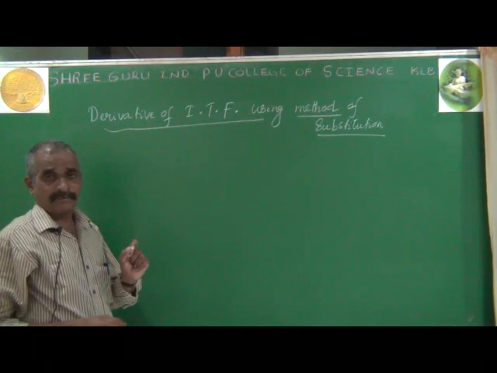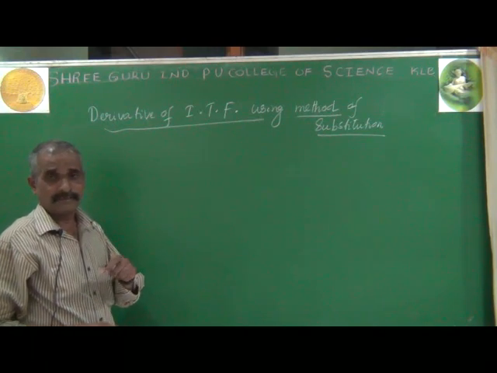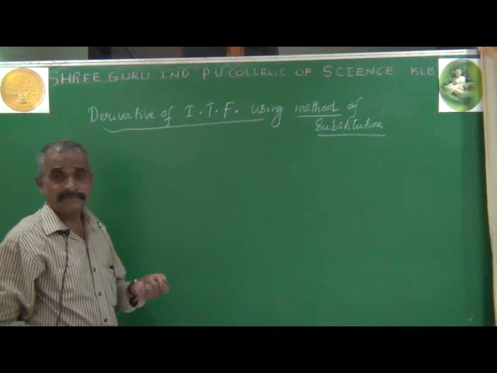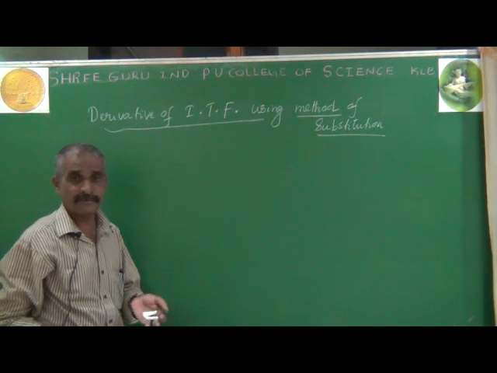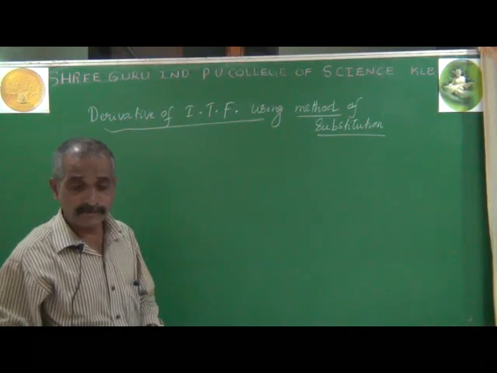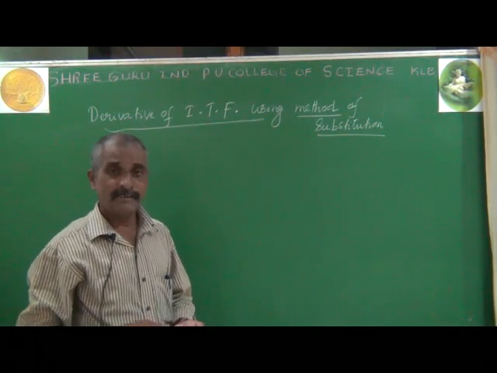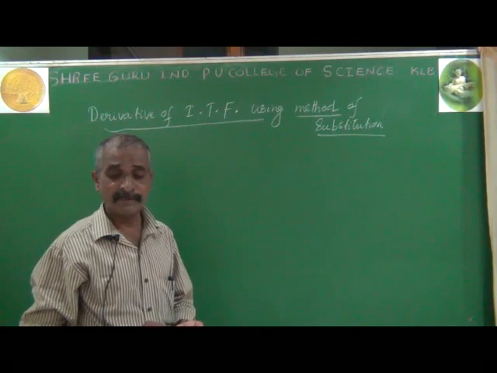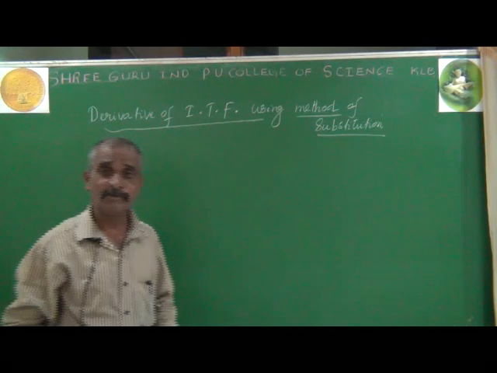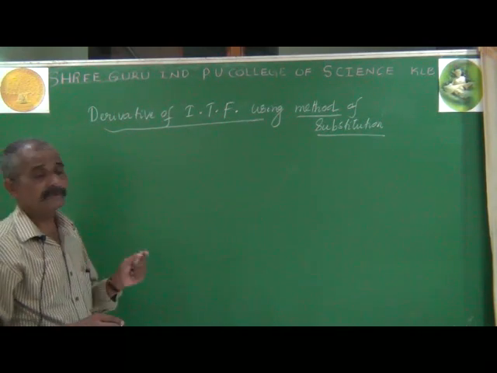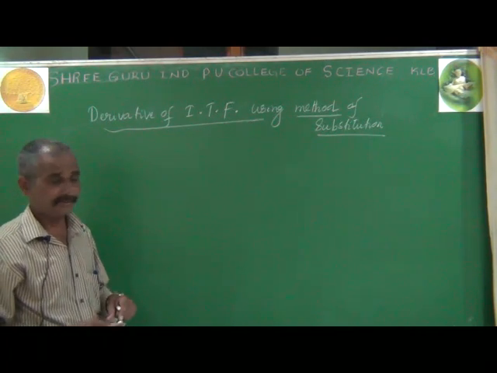Just now I told the words, again I am recalling that. Many times we will come across inverse trigonometrical function expressions whose derivative cannot be found easily. In order to make the given expression simplest, to get an easy derivative, we shall take the help of the substitution method.